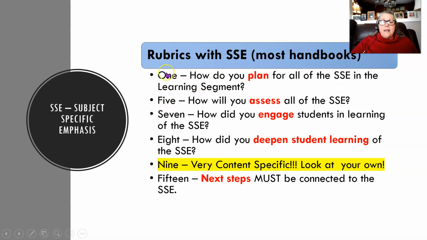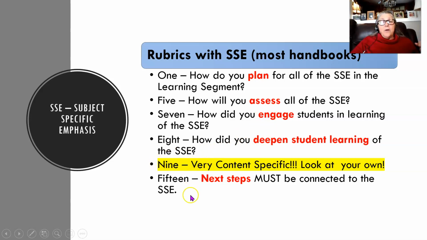So in rubric 1, how do you plan for the SSE? Rubric 5, how do you plan to assess all the SSE? Rubric 7, how do you engage students in learning the SSE? Rubric 8, how do you deepen student learning of the SSE? It's a little different here, engagement and deepening their learning.